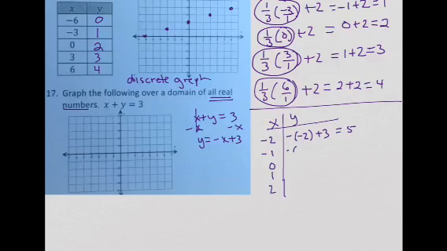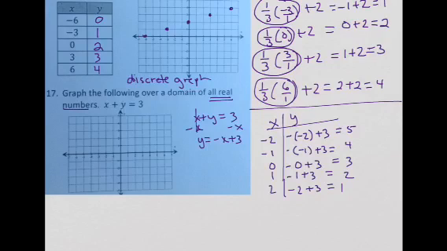Then the opposite of -1 plus 3, that's 1 plus 3, that's 4. Then 0 doesn't have an opposite, so just 0 plus 3, that's 3. The opposite of 1 is negative 1 plus 3, that gives you 2. And the opposite of 2 is negative 2 plus 3, that gives you 1.